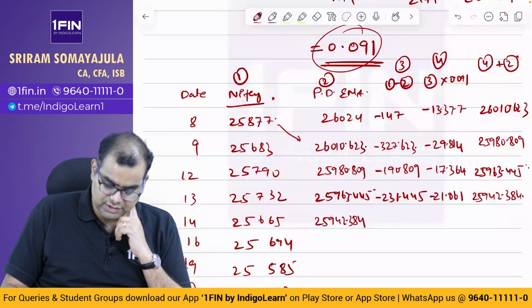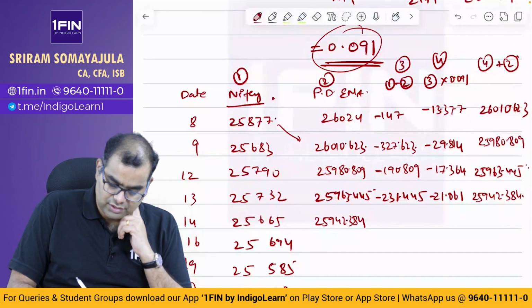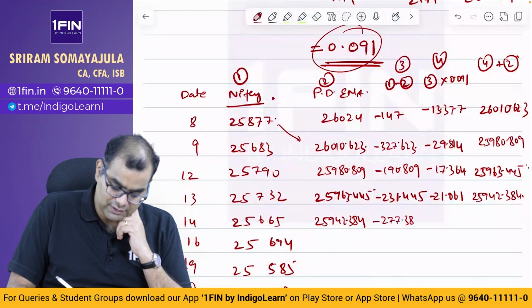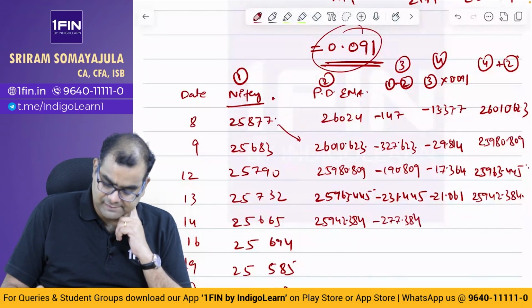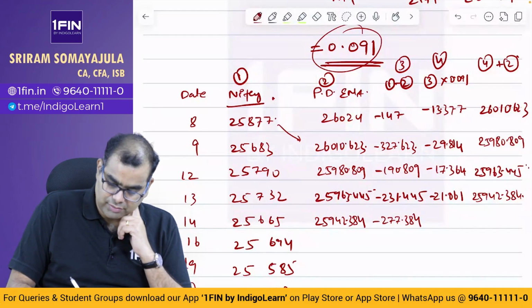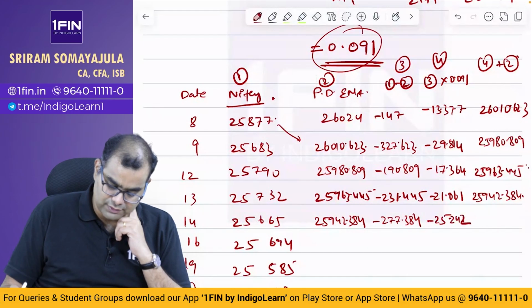25942.384 minus 25665 is 277.384 into 0.091, you get minus 25.242.